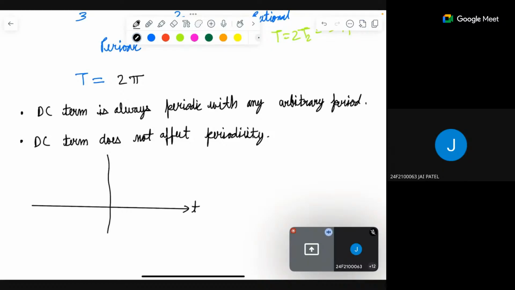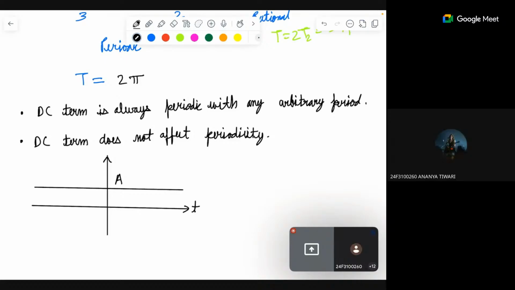If this is my time axis, then the DC term is like some constant, say 5, or any constant A. So the DC term is a constant from minus infinity to infinity. If we encounter something like this, then it is periodic, but we cannot define its period. So we say the DC term is always periodic with any arbitrary period. And the second point, the DC term does not affect periodicity. So if I add a cosine with a DC term, then it will still be periodic and the period will be that of the cosine signal. Is that fine?